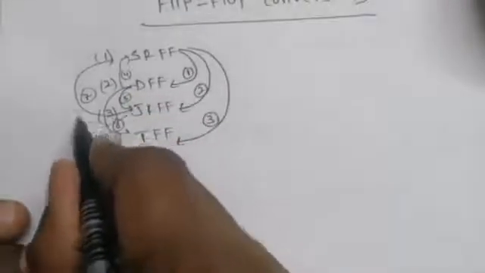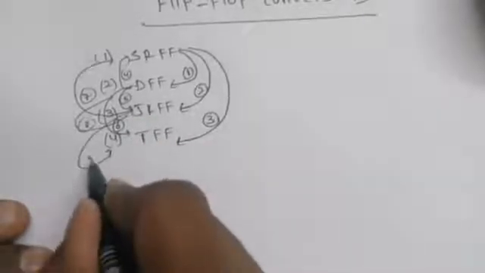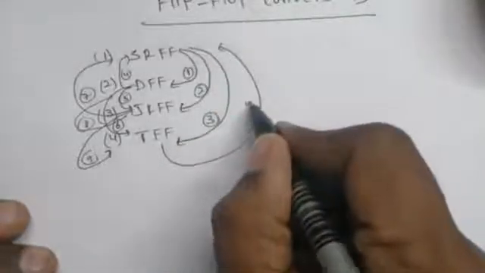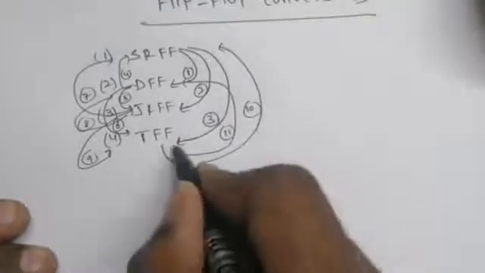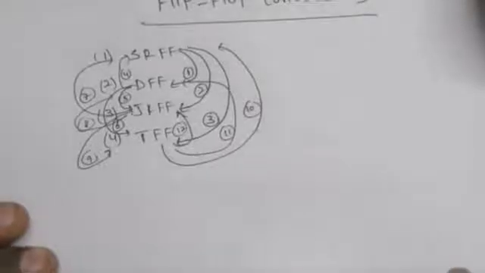JK flip-flop to SR flip-flop, JK flip-flop to D flip-flop, JK flip-flop to T flip-flop, ninth question. T flip-flop to SR flip-flop, 10th one. T flip-flop to D flip-flop, 11th one. T flip-flop to JK flip-flop.